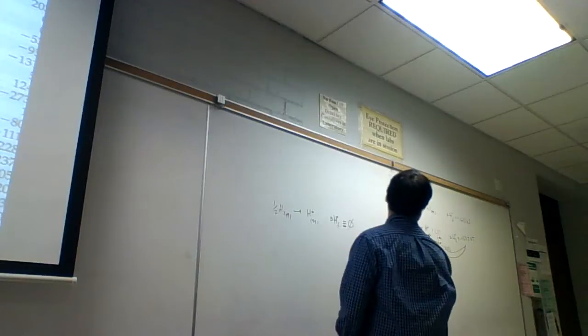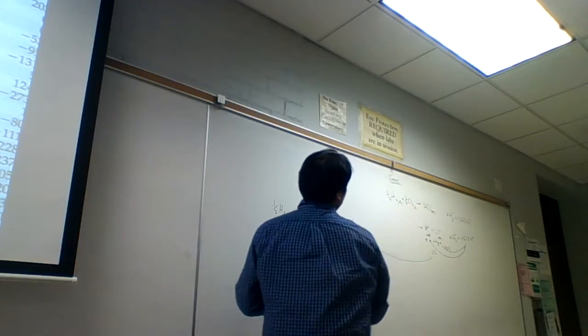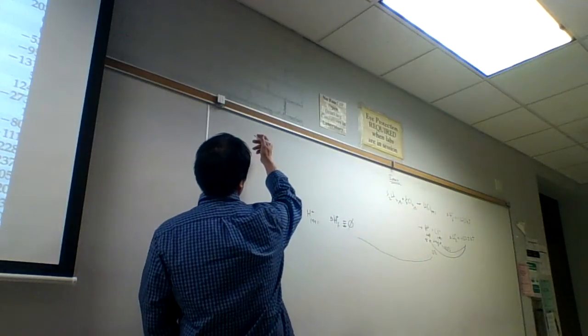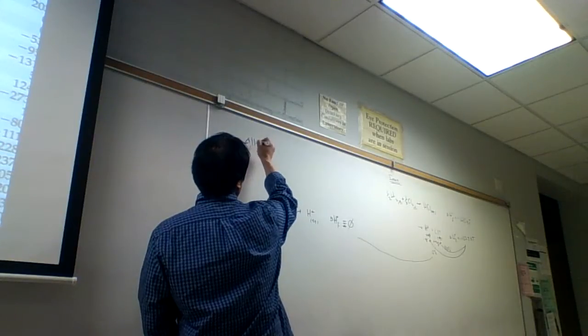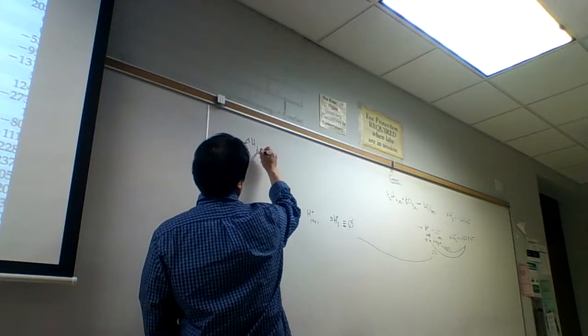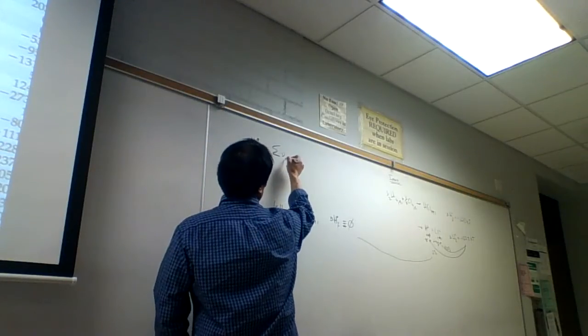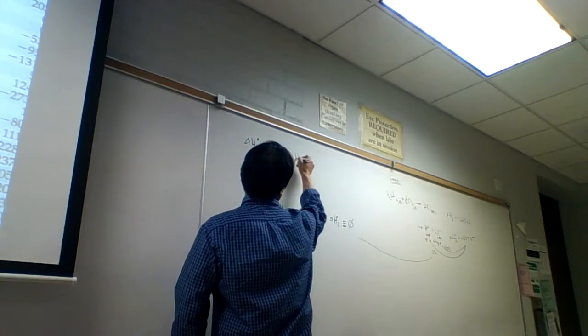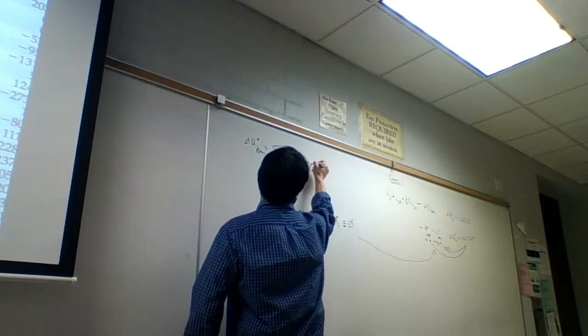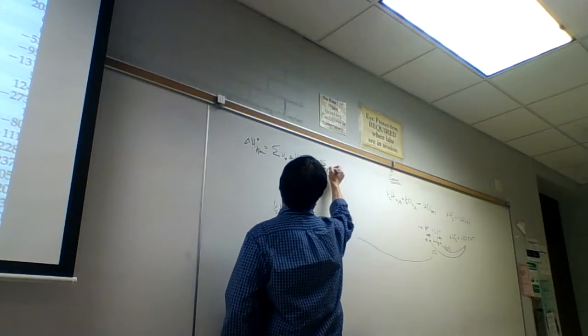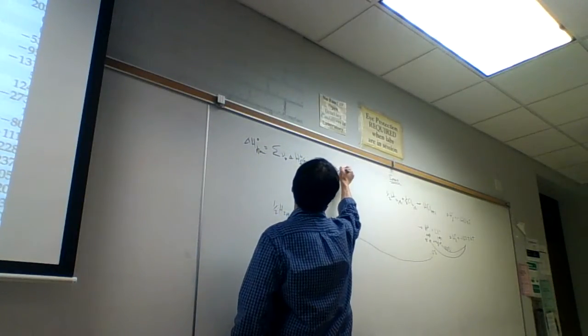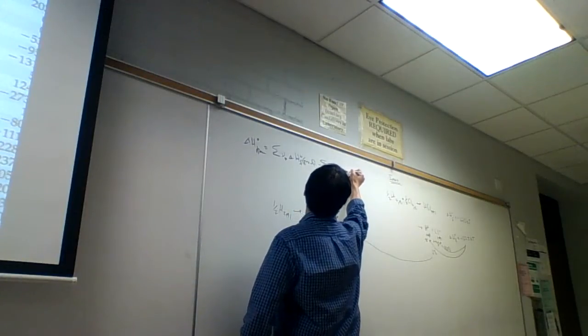Let's go ahead and calculate this. That delta H of formation for this, we're going to use the Hess's law variant. Did I already show this? That the delta H of reaction is equal to the sum of nu P times the delta H of formation of the products minus the sum of nu R times delta H of formation of the reactants.